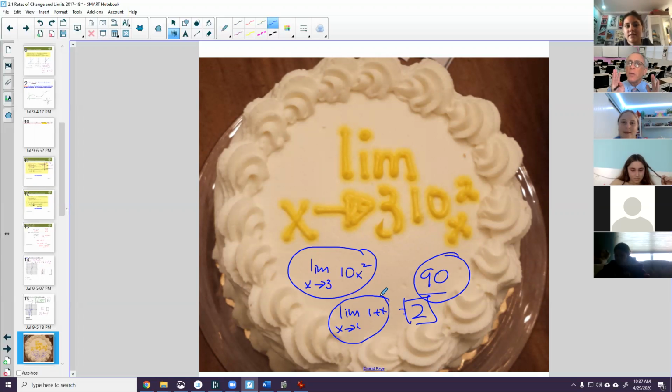So the limit is a number. And that's really why it's so valuable in calculus, because we can actually assign numbers to these things and manipulate them, even though we're not right at that point, we're just close to that point. You're going to see how that's really going to be super helpful.